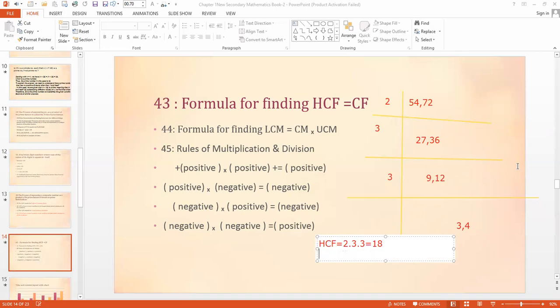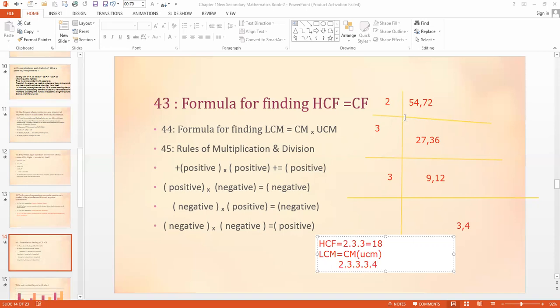And how do you find LCM? First you have to write this formula: common multiple multiplied by uncommon multiple. So we write it here. The common ones are the same, 2 into 3 into 3, and the uncommon ones are 3 into 4.